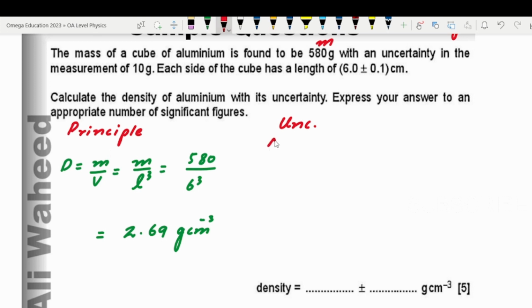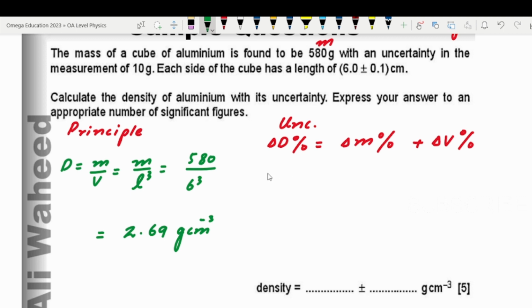So the total uncertainty in density, delta D percent, equals the percentage uncertainty of mass plus the percentage uncertainty of volume.